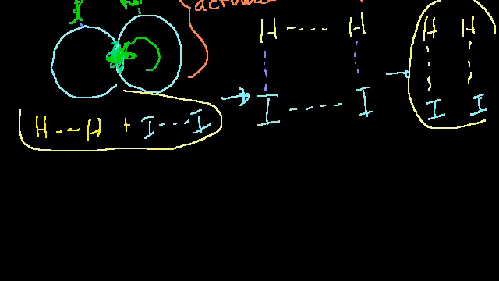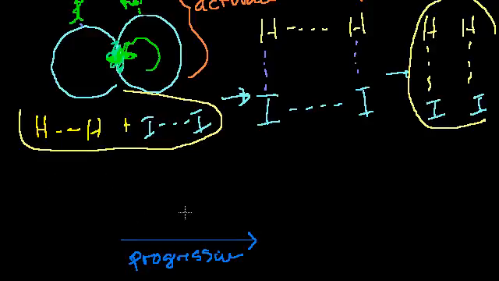So let's say the x-axis is the progression of the reaction. And actually, we don't know how fast it's progressing, but you can kind of view it as time on some dimension. And let's say this is the potential energy.